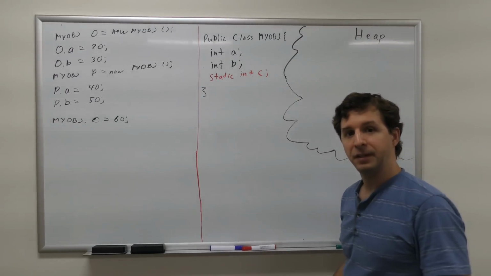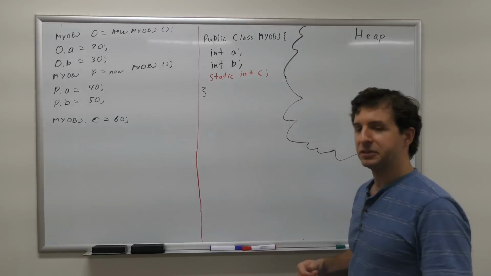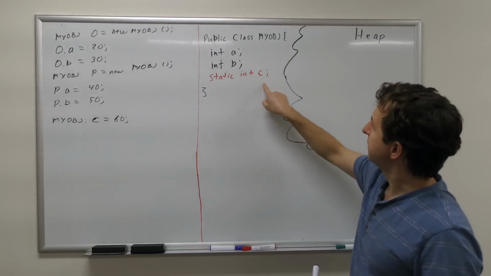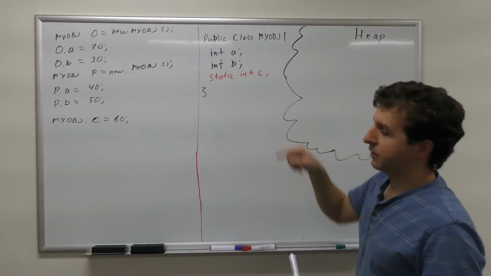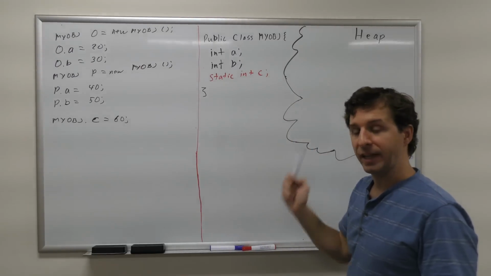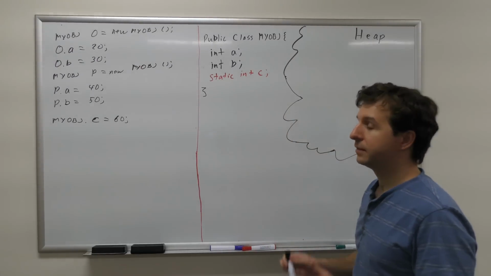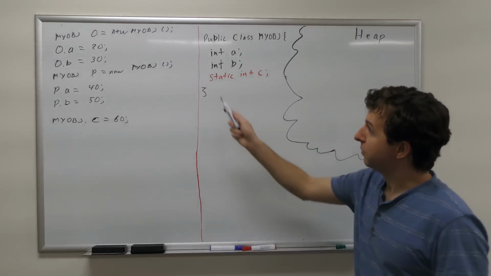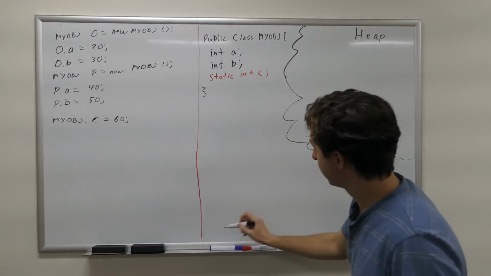One last thing I'd like to show you. So that's what happens with instance variables. But what about static variables? Here I've added a static variable int c to the myObject class. Remember, static variables, static methods belong to the class, not any particular object created from that. So let's see what this code over here would do.